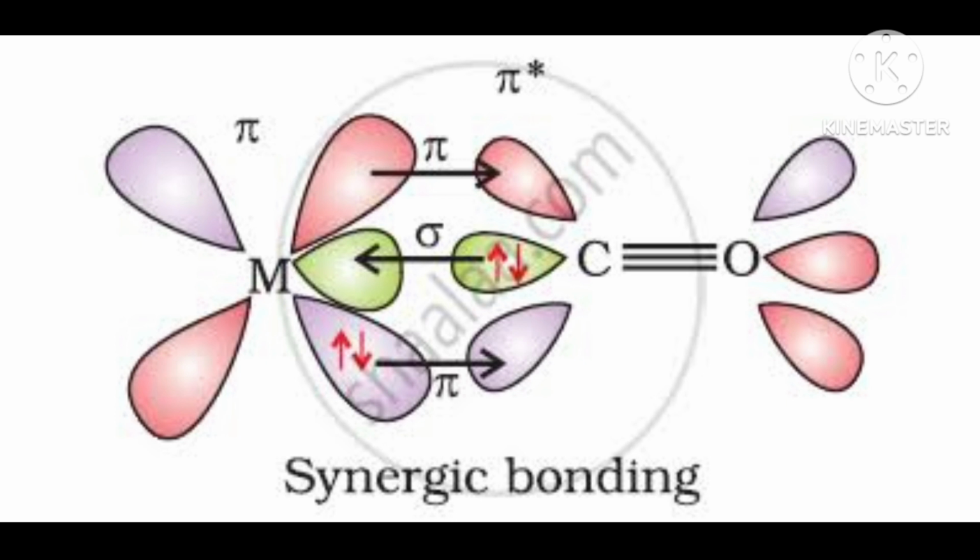Now next example, vitamin B12, cyanocobalamine, the pernicious anemia factor. This is also a coordination compound of cobalt.